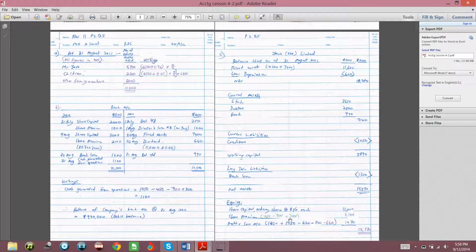At the beginning of the question, the share premium at first is 700. Even following the sequence of the dates, the share premium is 700,000.